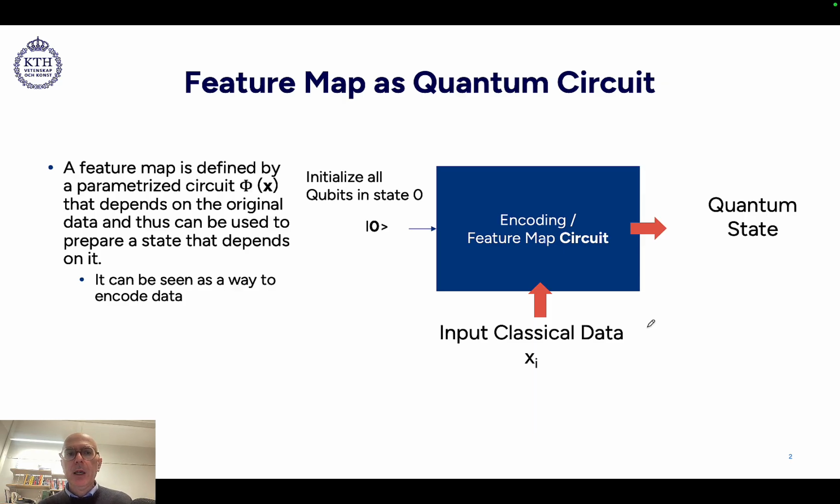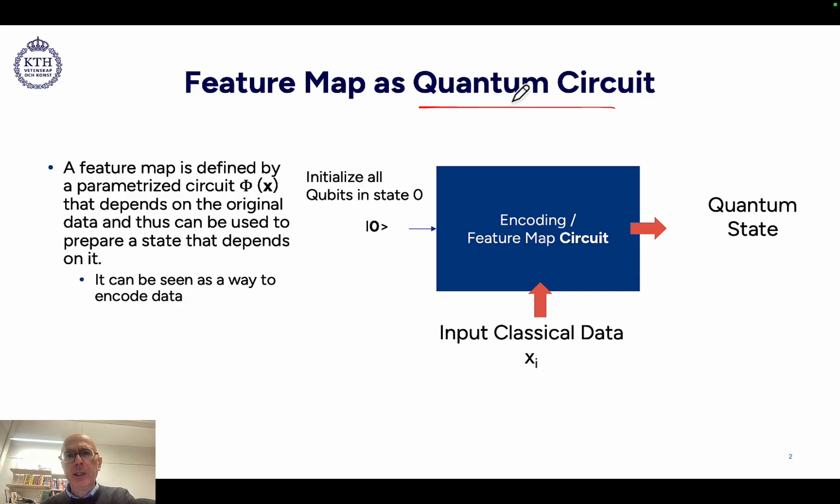feature map. A feature map in quantum computing and quantum machine learning is nothing else than a quantum circuit that takes our input vector and prepares it into a quantum state. More formally, a feature map is defined by a parameterized circuit called phi.